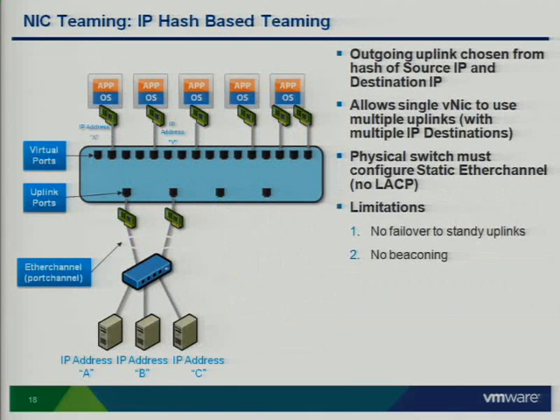The last one that I'm going to touch on is the IP hash. IP hash is used a lot in the field, and surprisingly, there are actually not very rare cases where you need to use IP hash-based teaming.